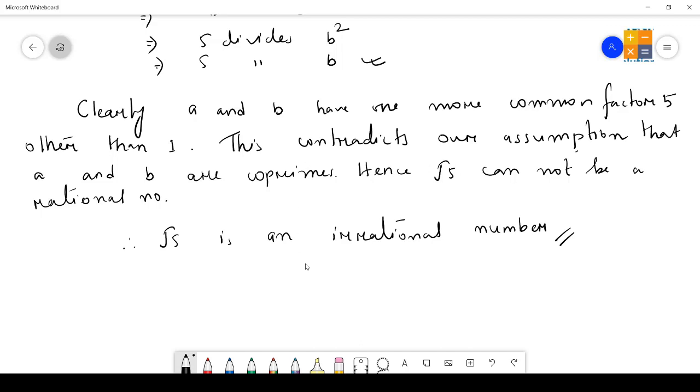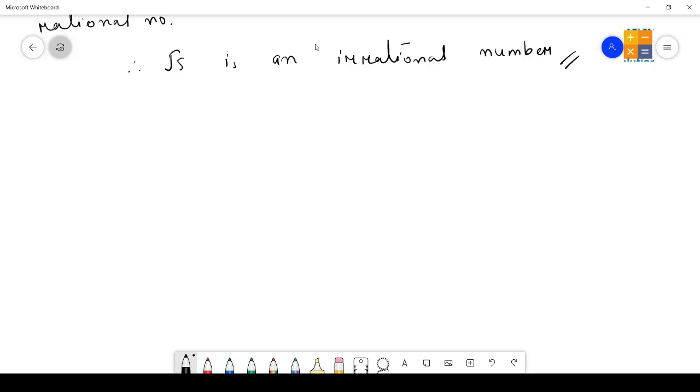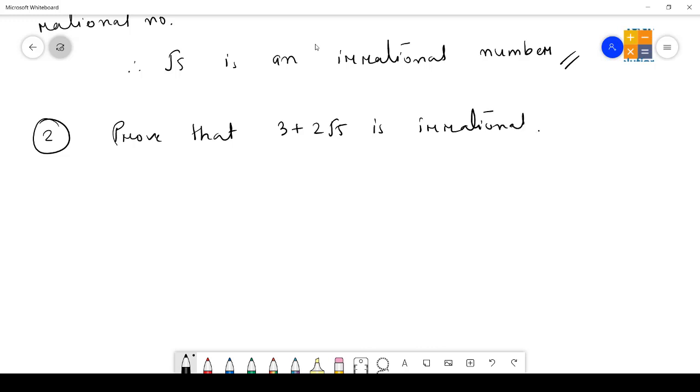Next, question number 2. So in question number 2, what is given? Here this is question number 2. Prove that 3 plus 2 root 5 is irrational. So in this part, again the similar assumption we have to make.